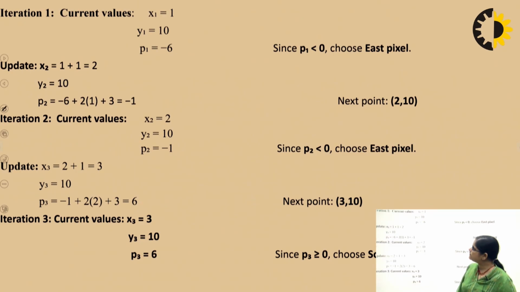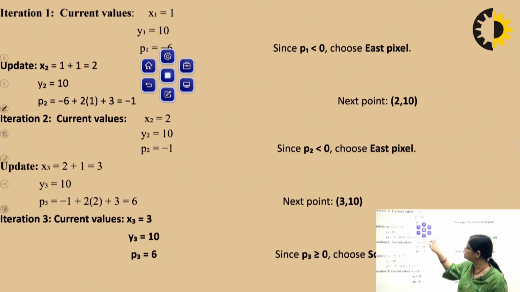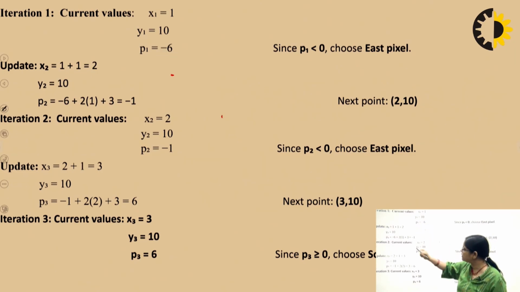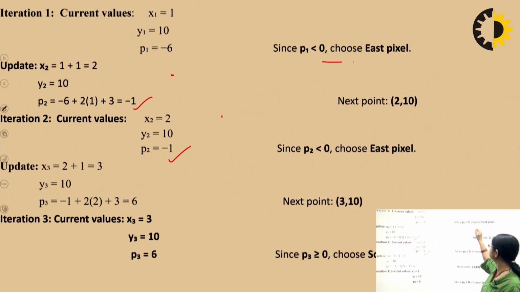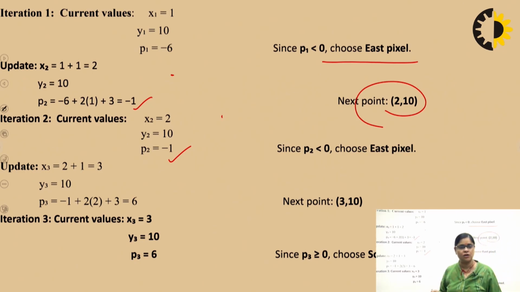In a similar way, you will find iteration 1, where you are again updating. Then I have found iteration 2. Here you will see that P1 is less than 0, so again I am choosing the east pixel. The first point is 1, 10, and now it is 2, 10.